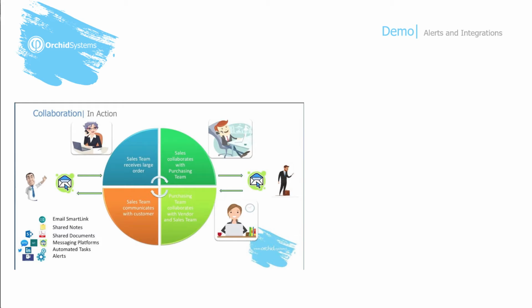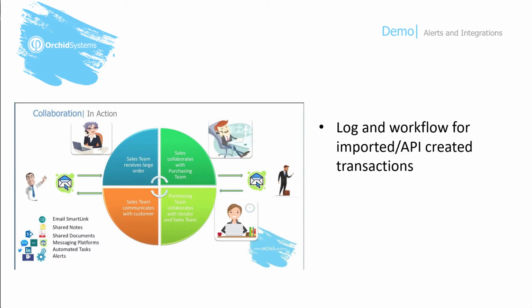So we're not going to redo that whole webinar and scenario, but I'm going to show you a couple of examples. First, we're going to show you how we can log certain users logging on to Sage 300, for example, a dedicated user for your imported or API created transactions, and how we can start the workflow when transactions are created by a particular user.